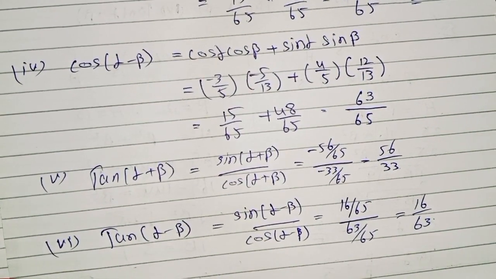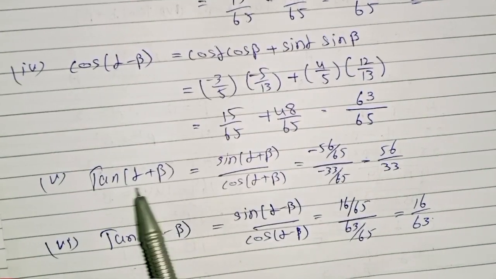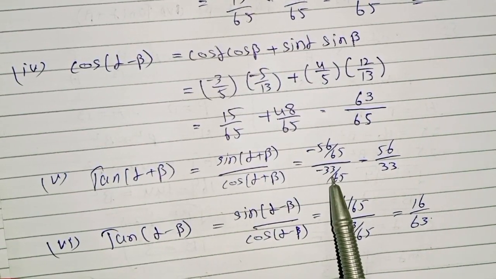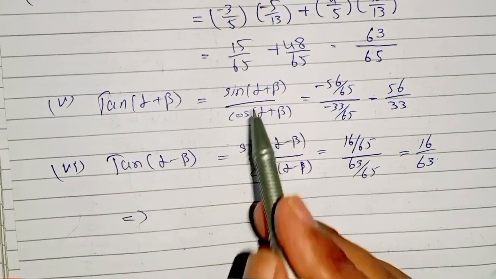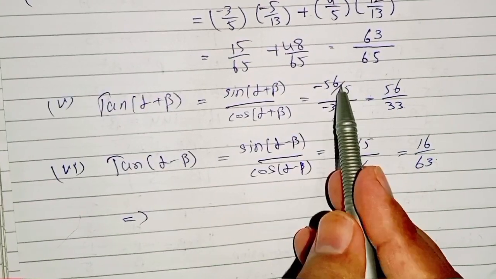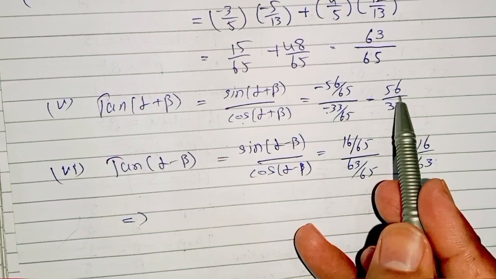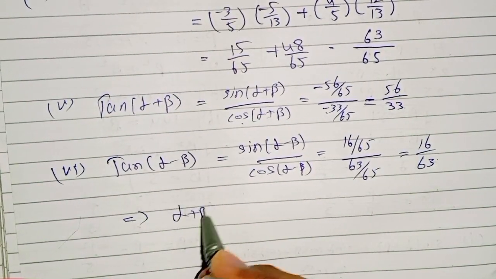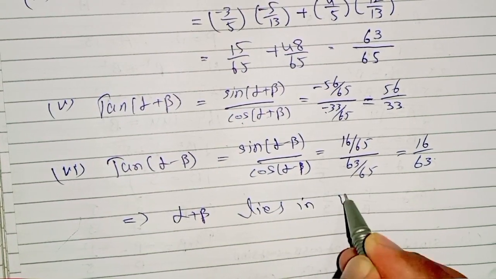We can see that sine of alpha plus beta is negative, cos of alpha plus beta is negative, but tan of alpha plus beta is positive. This implies that alpha plus beta lies in third quadrant.